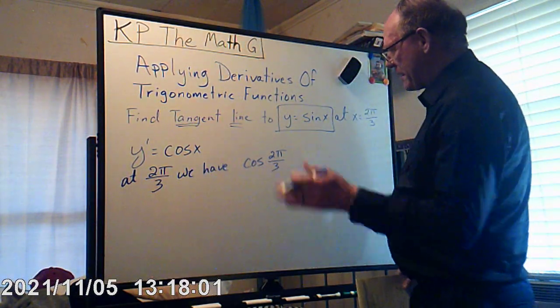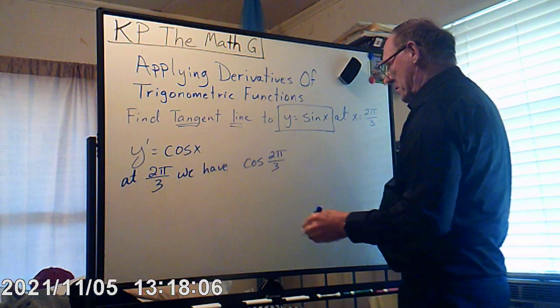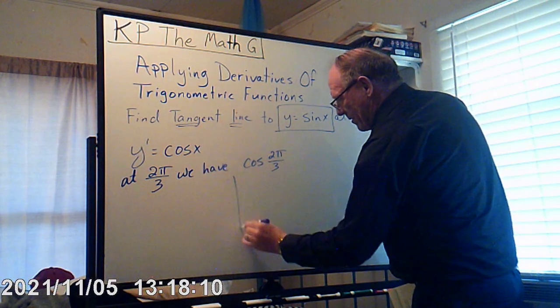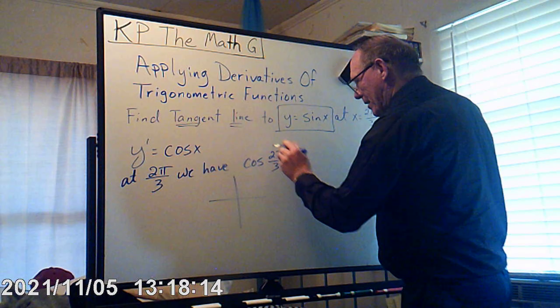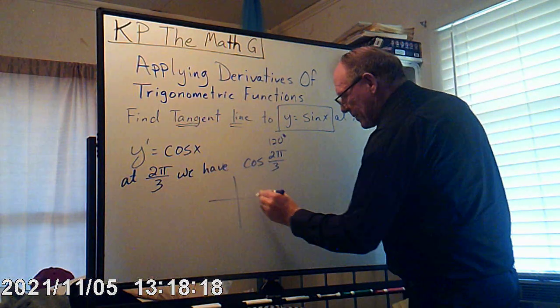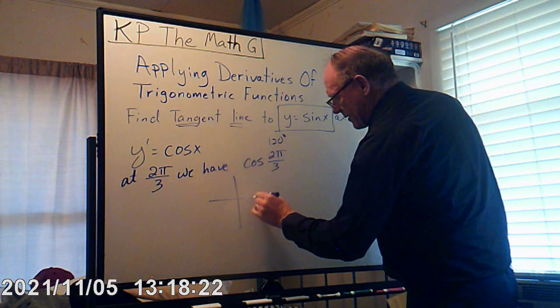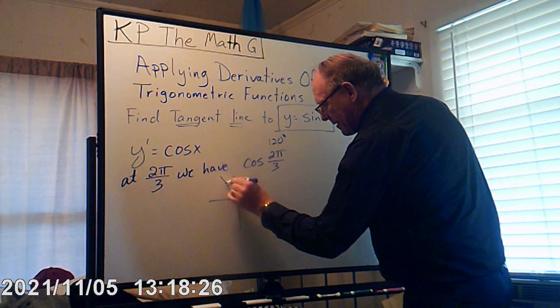By the way, this is in quad 2. Remember that cosine is the x value. So 120 is in quad 2, somewhere right in here.